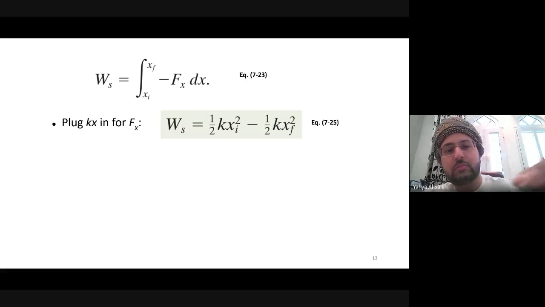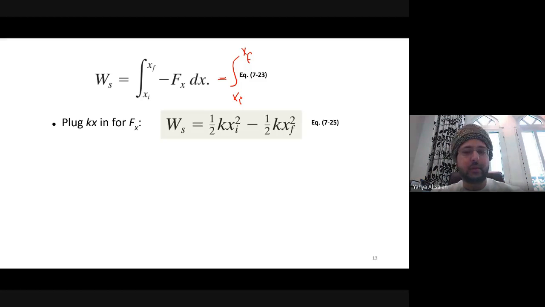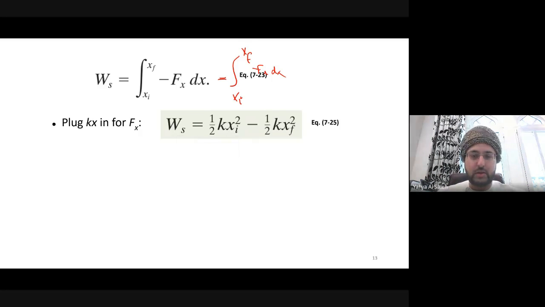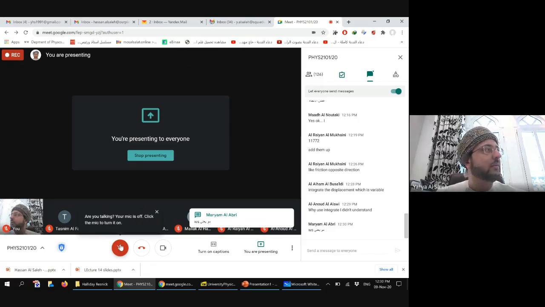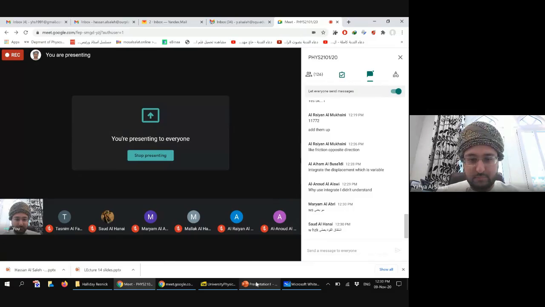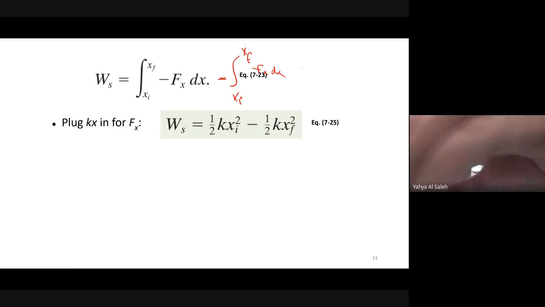Let's do it ourselves. The integral from xi to xf of minus kx dx.